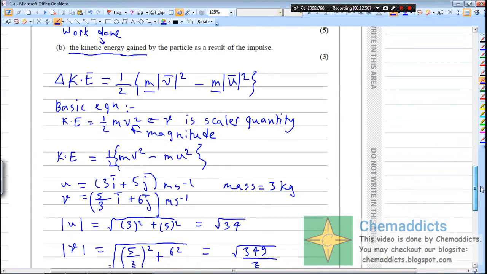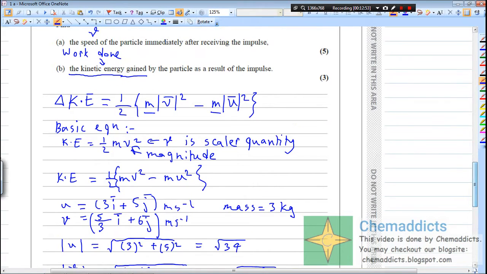What we have basically done here is that they asked us to find the kinetic energy gained by the particle as a result of impulse.